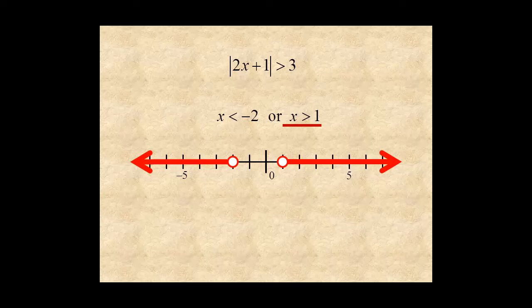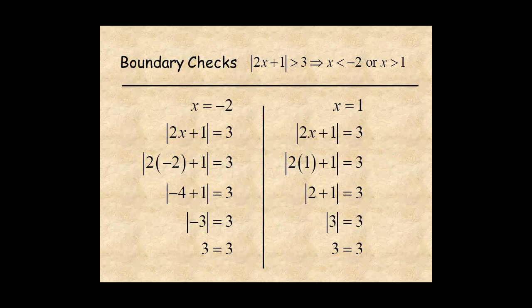Then there are two boundary checks at x equal negative 2 and x equal 1. For the boundary checks, rewrite the inequality as an equation and substitute the boundary values. On the left, 2 times negative 2 plus 1 is negative 4 plus 1, and negative 4 plus 1 is negative 3.